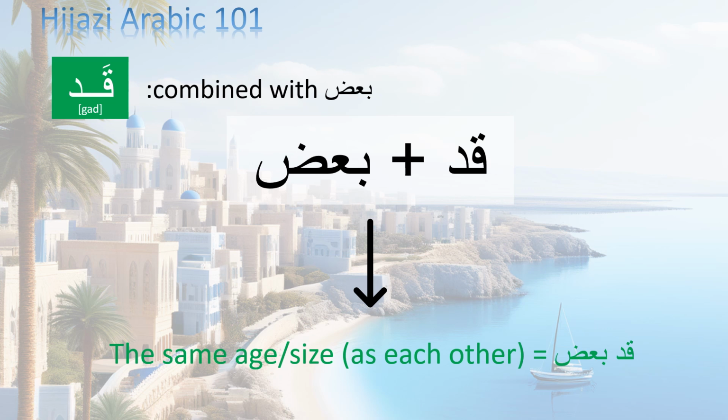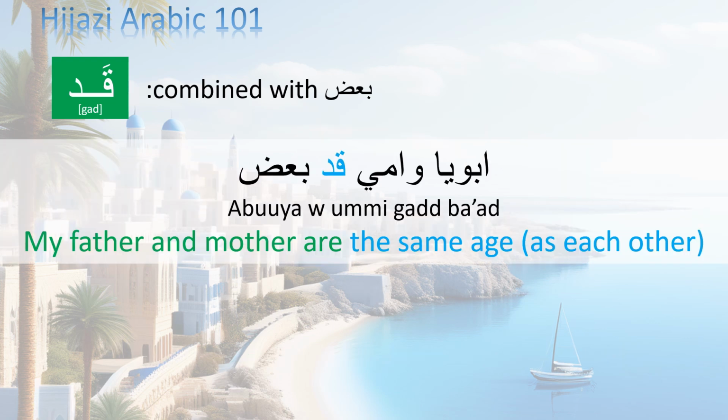For example, أبويا وأمي قد بعض. My father and mother are the same age as each other. أبويا, my father. أمي, my mother. قد بعض is the same age as each other.